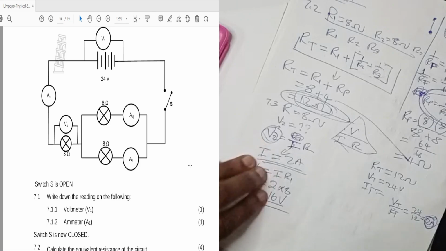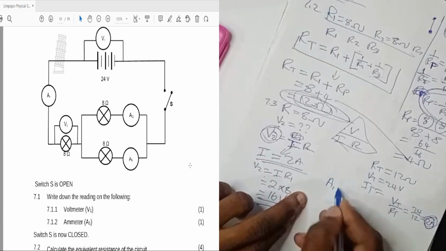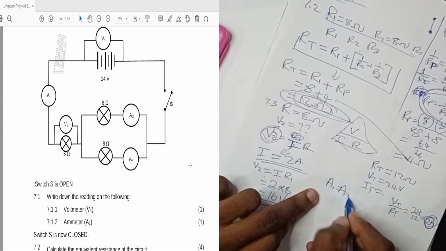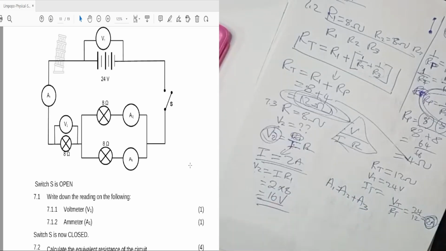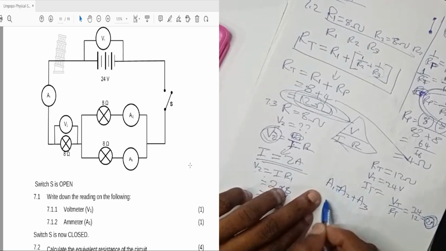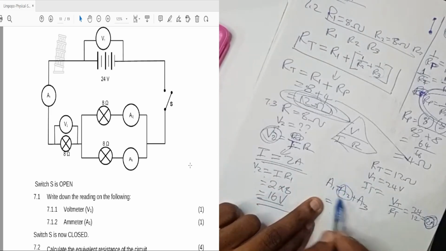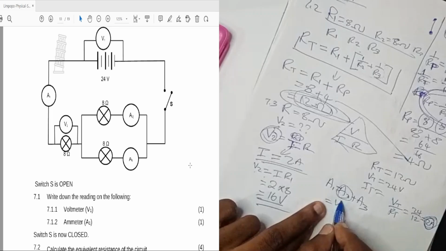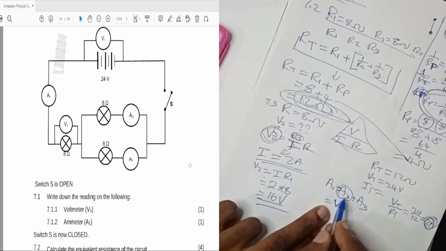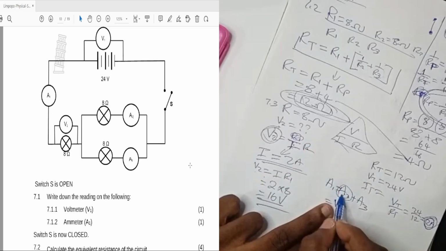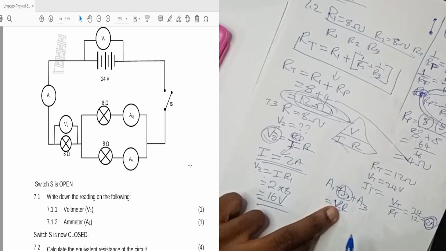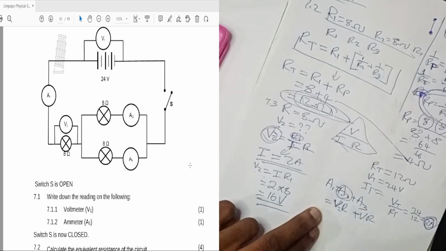Then it means that A1 is equal to A2 plus A3. Are you with me? If we want to calculate A2, we need the voltage there, and we also need the resistance there.